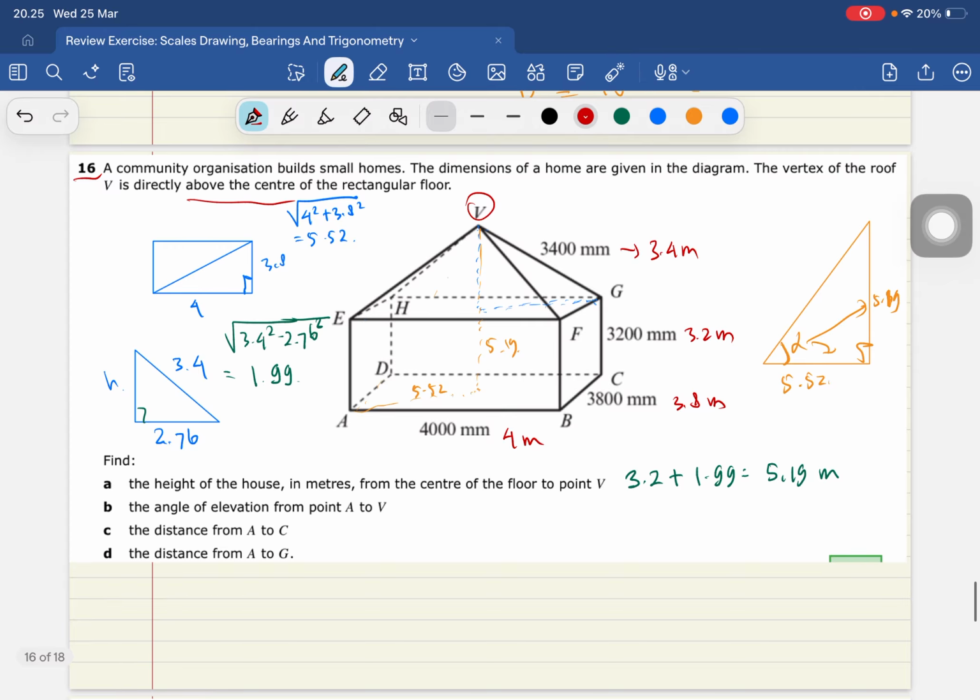So tan theta equals opposite, which is 5.19, divided by the adjacent, 5.52. You can use a calculator like this, with the inverse tan of 5.19 divided by 5.52.